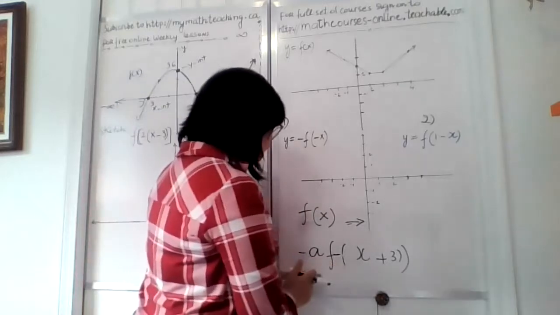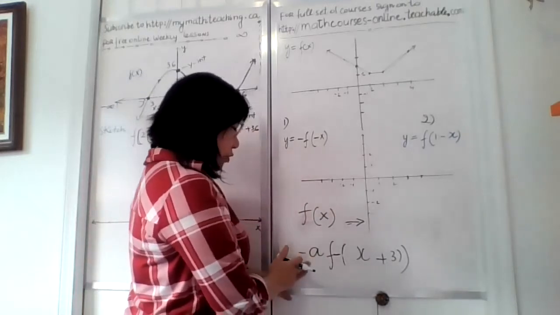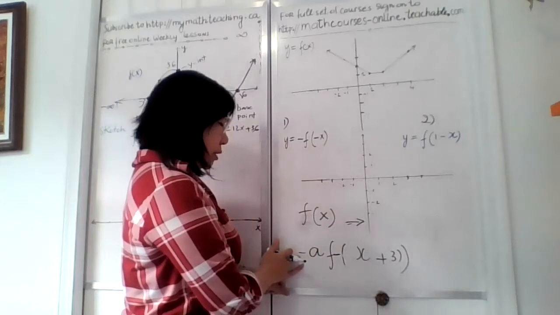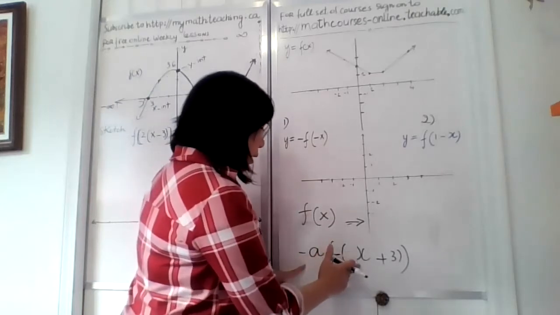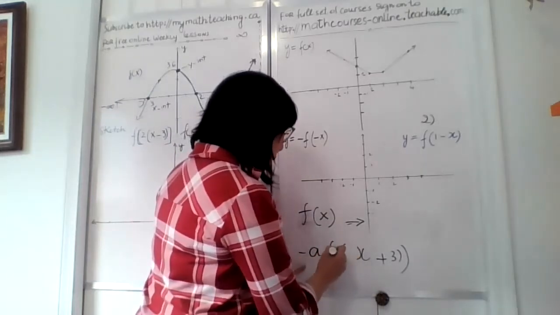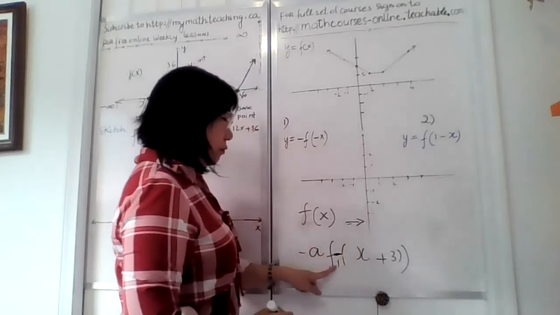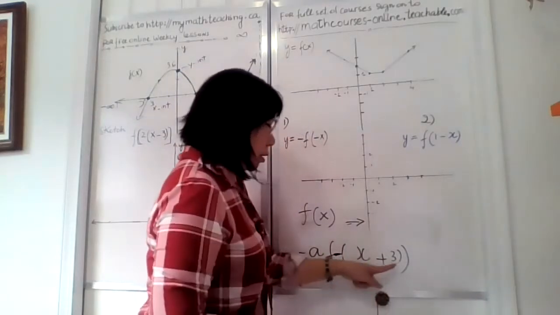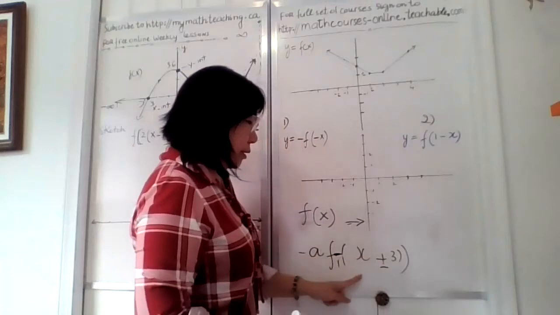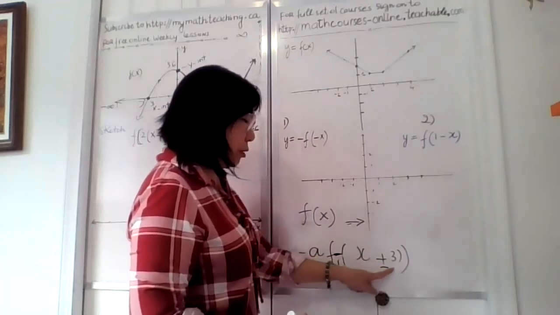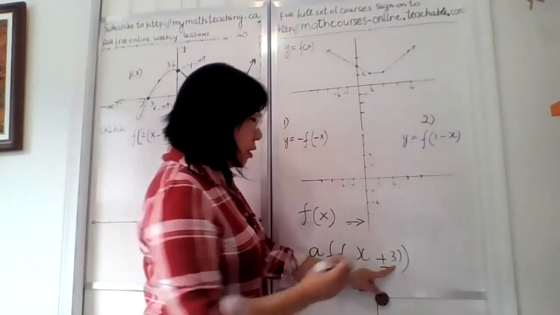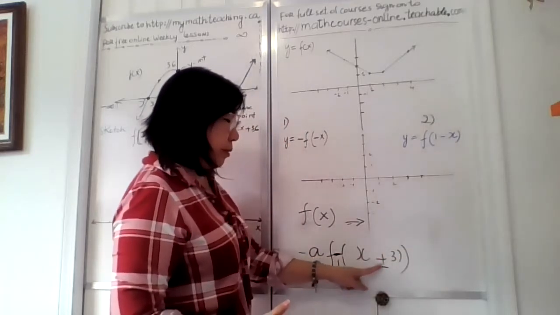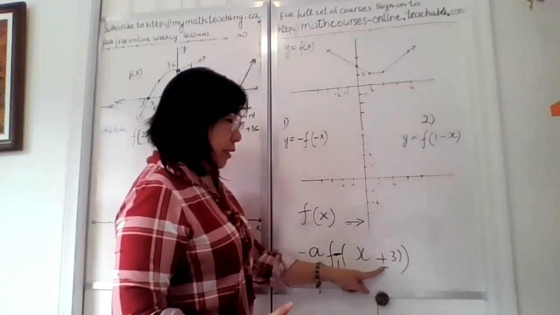So this is the reflection about the x-axis, and if you have the negative inside, it is the reflection over the y-axis. If you have plus or minus inside the bracket like this, it means you can have a horizontal translation to the left or to the right, depending on the positive or negative sign.